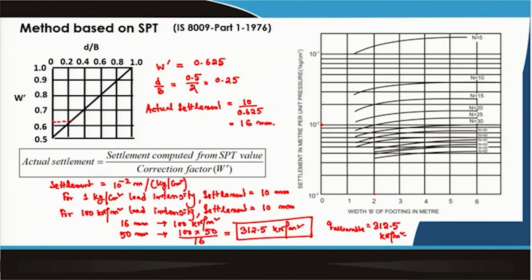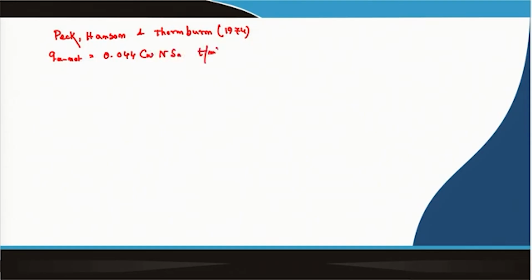That correlation is given by Peck, Hanson and Thorburn (1974). There are a few correlations available. So, I am using this one, where we directly get the Q allowable net, and that correlation is 0.044 Cw N SA, and that is in ton per meter square.